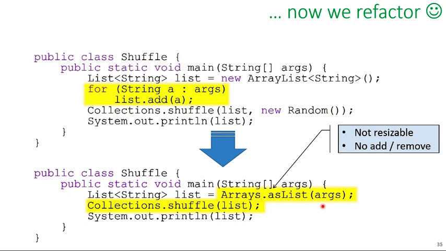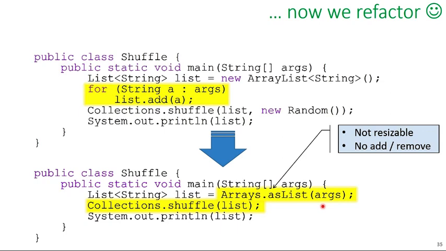You know already how to simplify that: the constructor. It's a conversion from an array of strings to a list of strings, which we did when we just started dealing with collections. That's the first simplification. The second simplification is that you can call Collections.shuffle and just pass the list, and it will take care of generating a random object for you.